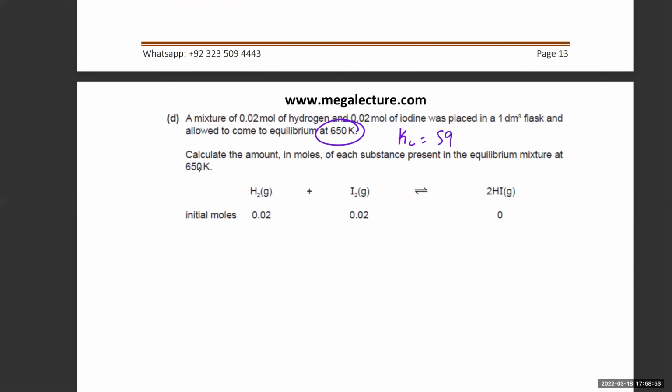Now I have the initial moles, but I don't know what the equilibrium moles are. You have no idea what they are. So I say that x of this reacted, so x of this will also react. It's 1:1. So how much HI would be produced if x of this reacts with x of this? How much would it be? 1 reacts with 1 and produces 2.